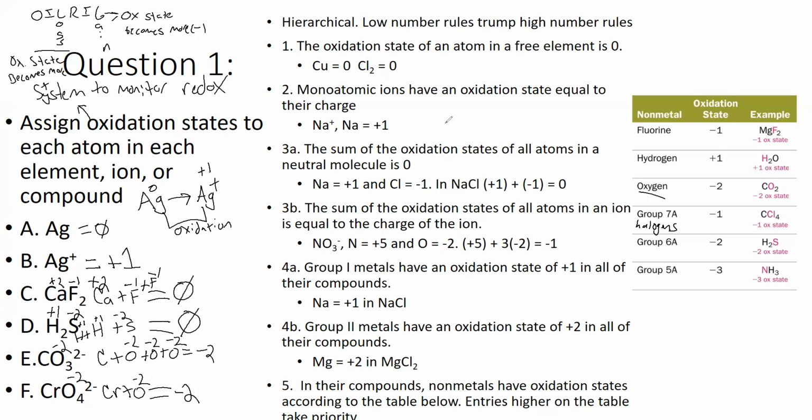So this is algebra, right? Let's do our algebra. So the actual algebra equation is x is carbon here. x, -2, -2, -2 equals -2, right? There we go. And so it's x - 6 equals -2. Add 6 to each side. The oxidation state of carbon is +4.